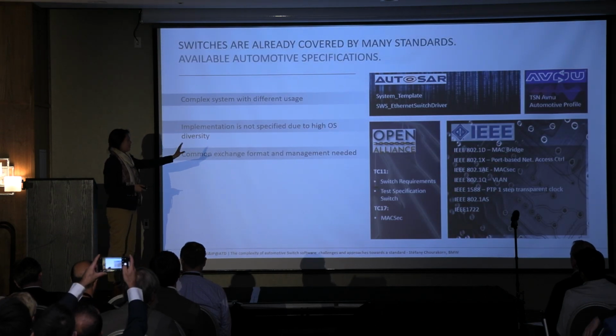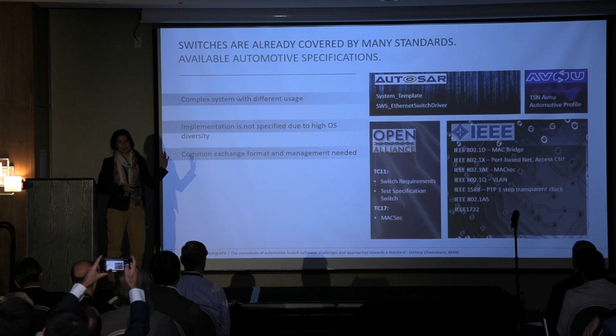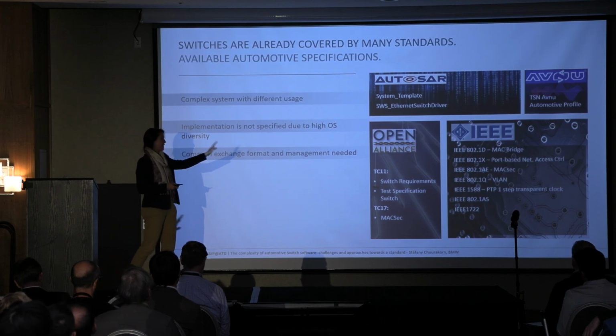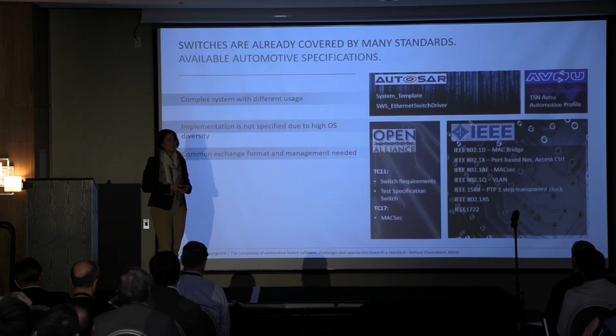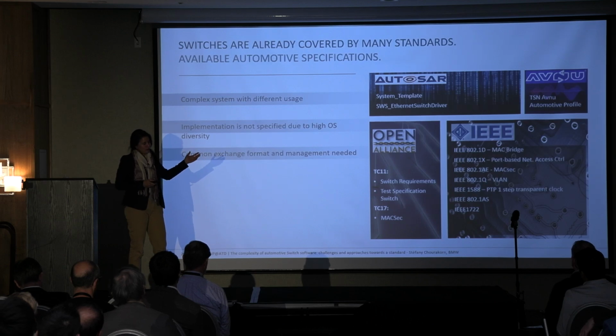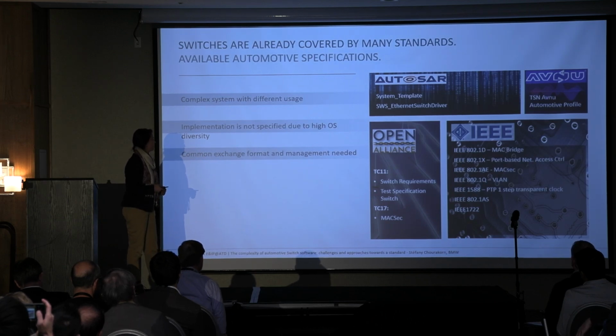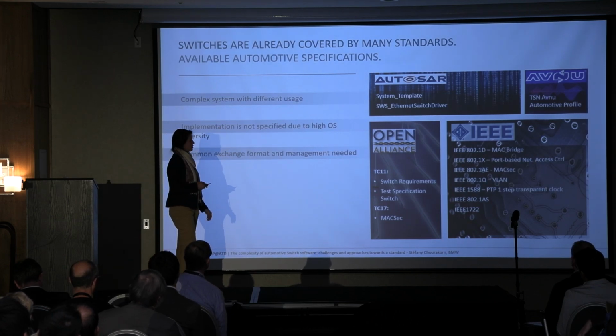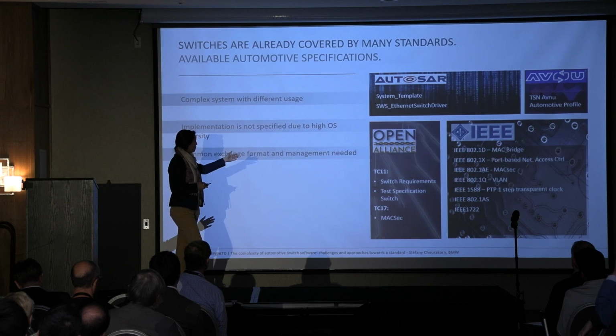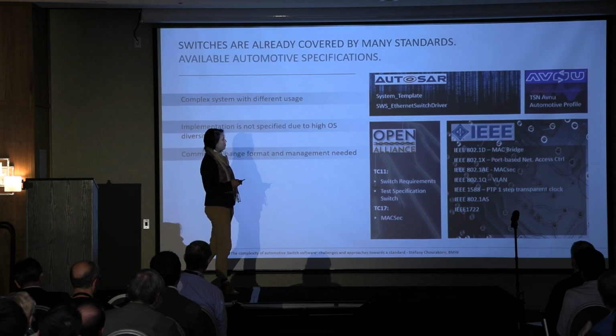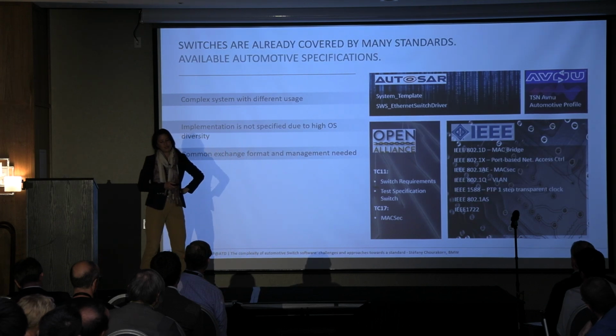Here is an overview of all the specifications that I could find on the switch itself. Maybe there are more, probably there are more, but these are the most representative. On the software part you have AUTOSAR, and on the hardware part you have Open Alliance. You still have IEEE for the mechanisms in AVB.